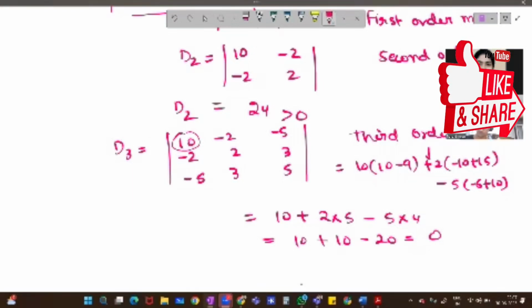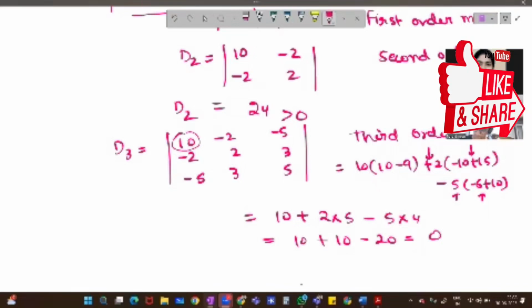Then the minus sign at an odd place becomes plus. Plus 2 into (10 minus 10 minus 15), and minus 5 into (minus 6 minus 10). My bad, let me recompute; the terms cancel, minus 10, plus 10.